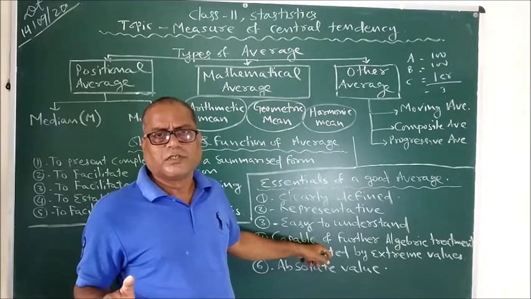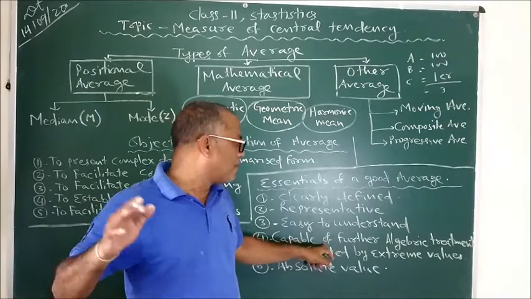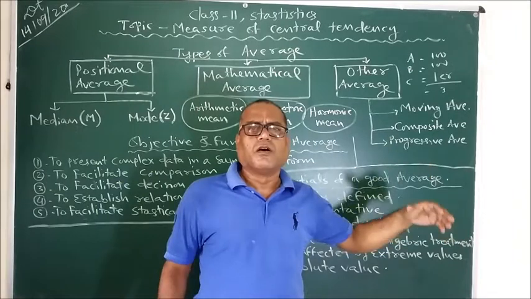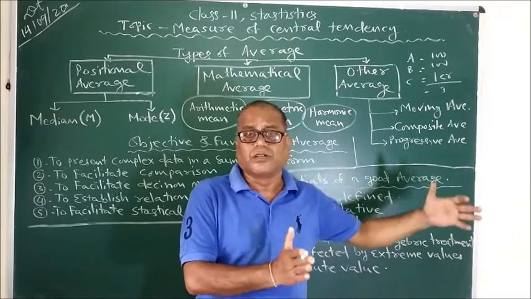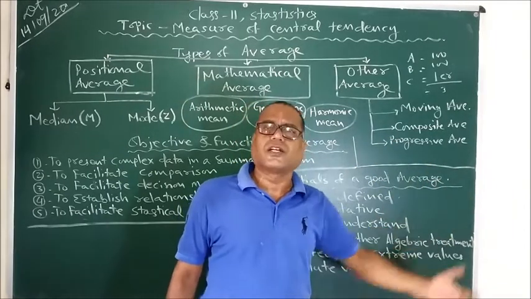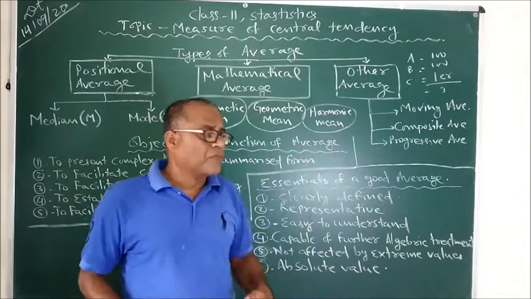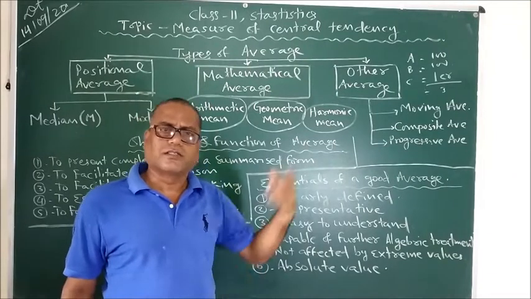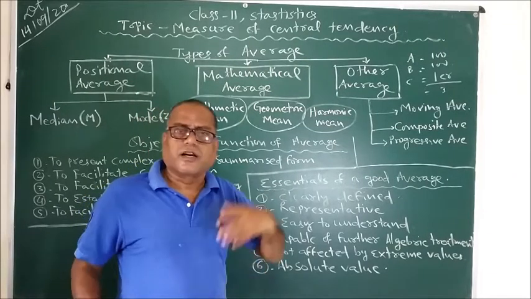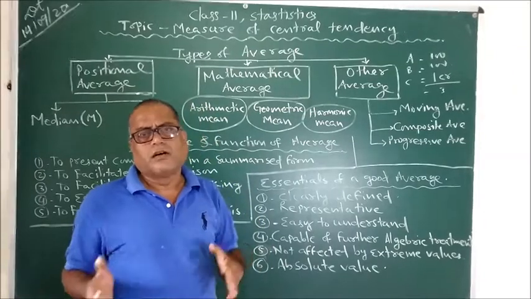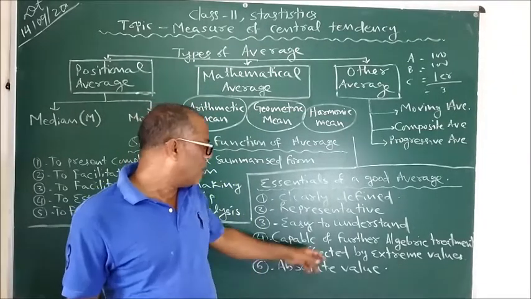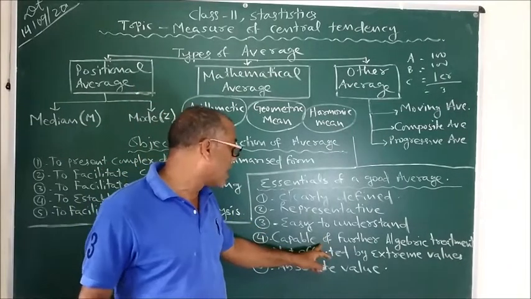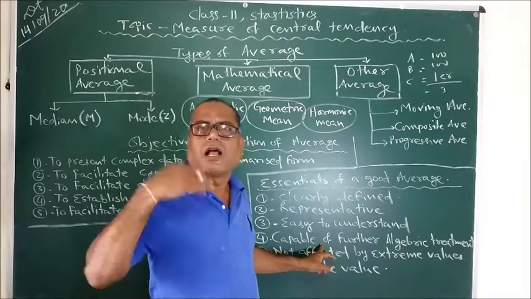Mean is totally capable of further algebraic treatment. Like when we try to measure the measure of dispersion, which is yet another statistical tool, we need averages like mean or median. In correlation, in standard deviation, we need mean or median. So in that way, we can say that mean and median are such averages which are capable of further algebraic treatment.